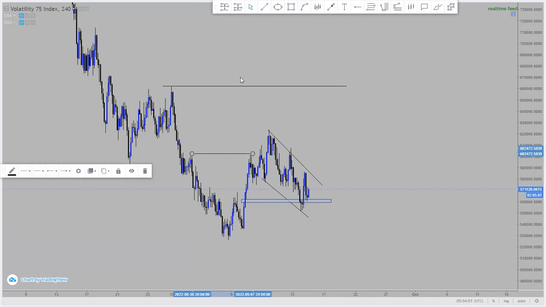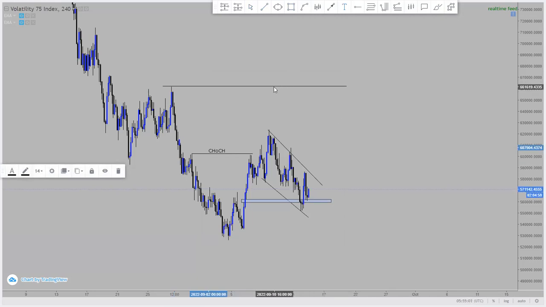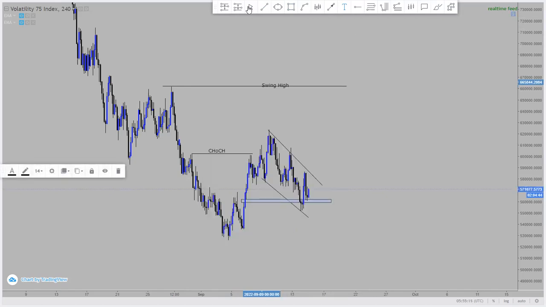So already on the 4-hour, we can create a change of character there. This is the swing high that I'm expecting to buy through.